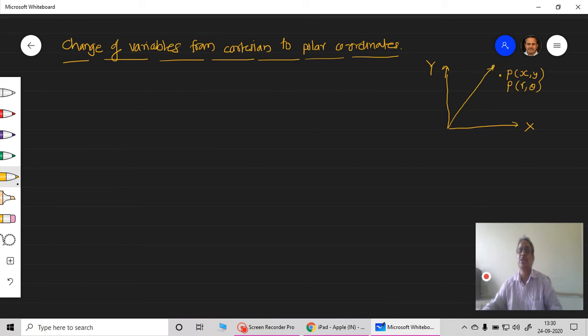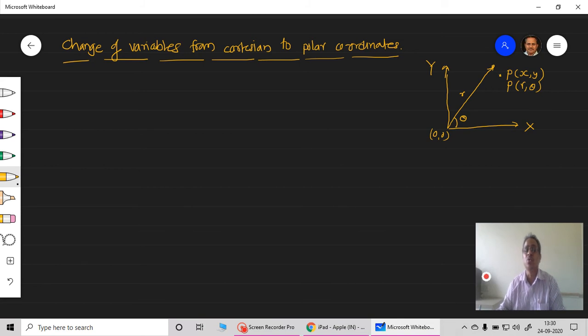Now what is the angle made by this vector r bar? This is r and this is theta. So r and theta are these two coordinates. The length of this vector from the origin to this point P is taken to be r, and the angle made by this r with the x-axis is taken to be theta.